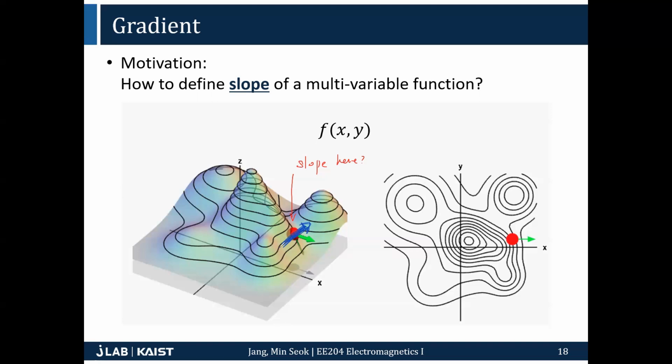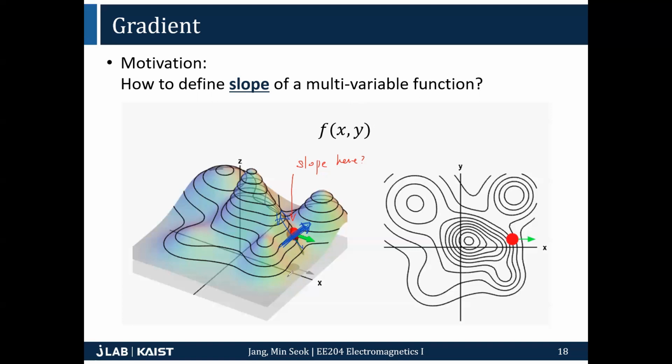Because if you go in this direction, you don't go higher or lower. It's just straight left, right. But if somebody asks you the slope along this direction, it's very steep. It should have a really high value.